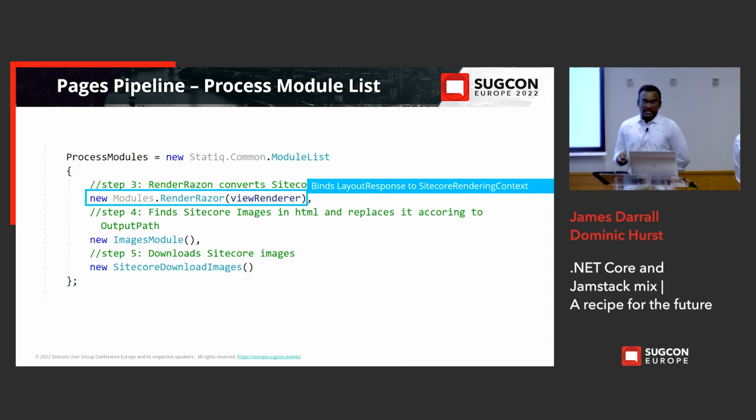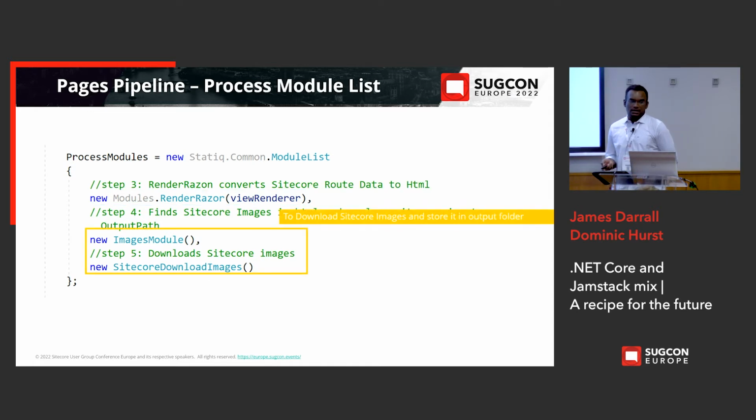And we have the next set of modules, like images module and Sitecore download images. By default, when the static documents get created, all the images within the site will be pointing to the media library. So the primary functionality of the images module is to process the images one by one in the given document, and it simply replaces the image path with the corresponding output folder path.